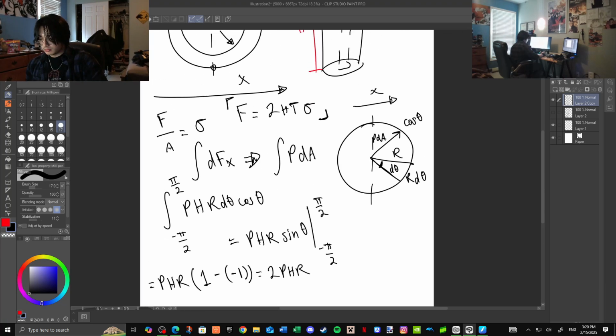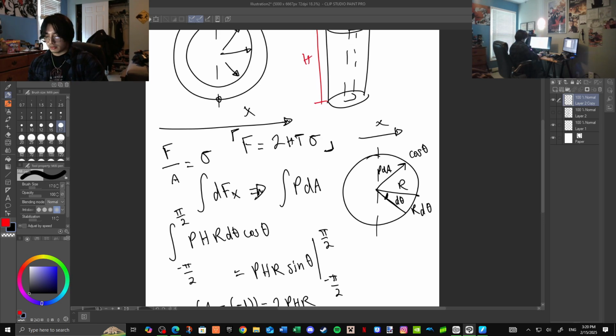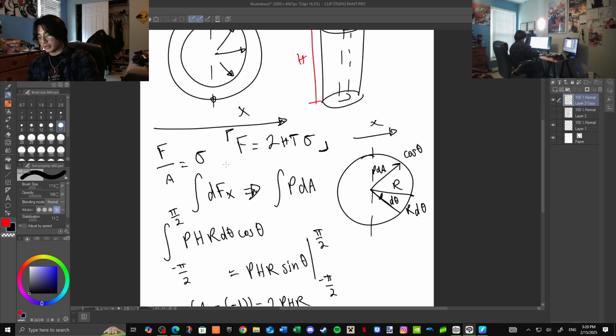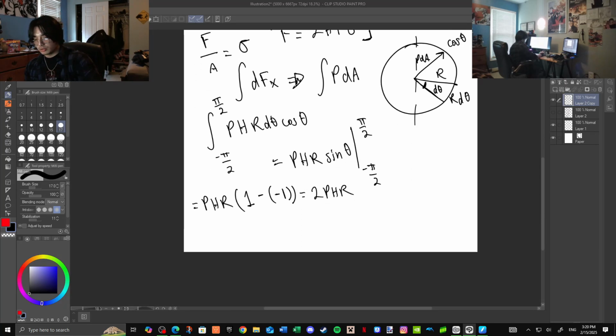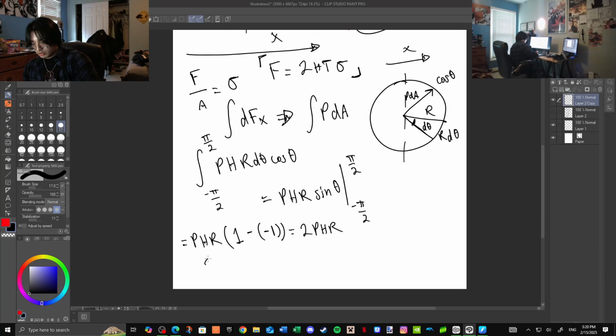Like I said, this represents the total horizontal force. And like we figured out before, this is also a way of representing the total horizontal force, so we can set these two equal to each other: 2htσ equal to 2Phr.